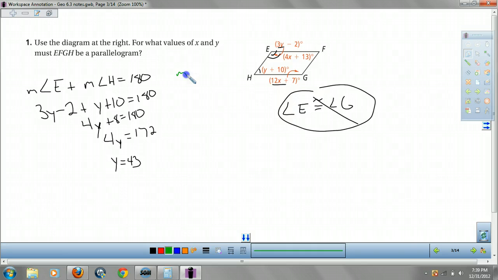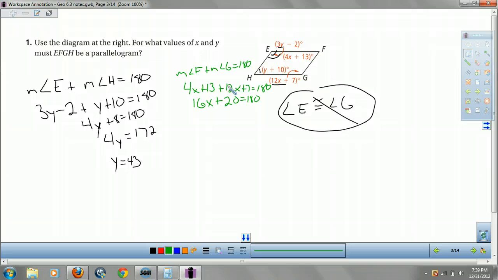Now I can use the same thing over here. Measure of angle F plus measure of angle G equals 180. Well, F is 4x plus 13, plus 12x plus 7 equals 180. So we get 16x plus 20 equals 180.